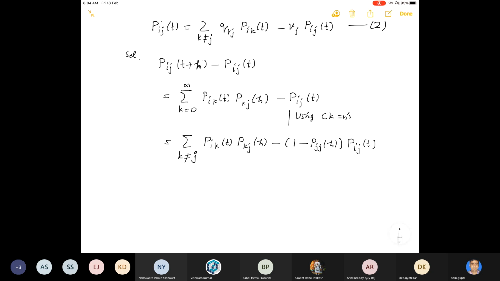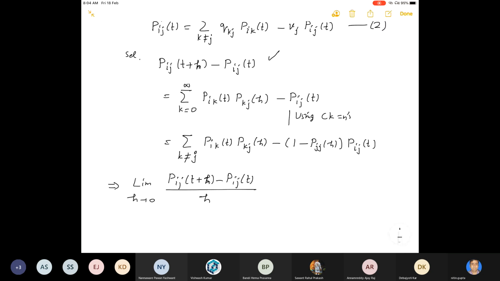Now we take the limit as h goes to 0 of Pij t plus h minus Pij t upon h. So divide this term by h and take the limit as h goes to 0.